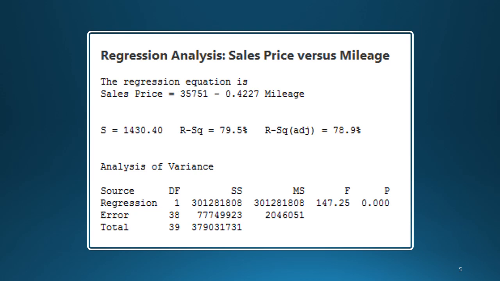After we have stated our hypothesis, we can perform the regression analysis. Here is the output for the analysis. The regression equation is the same we saw earlier.